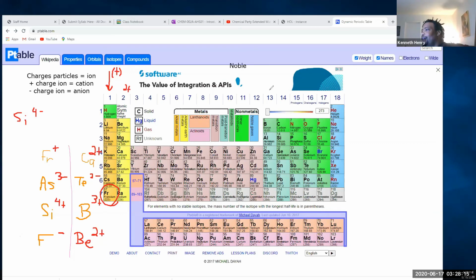These guys here are going to form, in most cases, a 3+ ion. This one is going to be 4+ or 4-. In most cases. There are going to be some exceptions when we get down to here, because the ones called post-transition metals behave kind of funky.